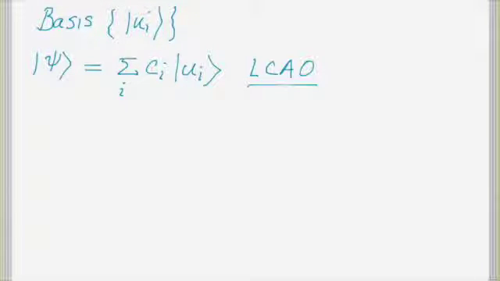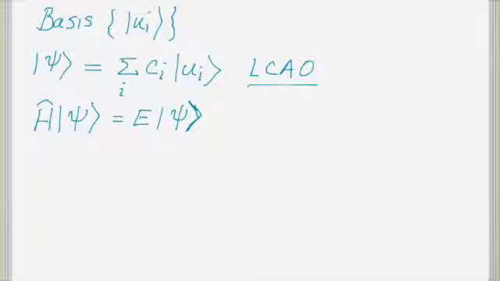And the C sub i can in general be a complex number. Now we go to our eigenvalue equation, where we have our Hamiltonian, which I'll just represent as an operator with a little hat on it, acting on my wave function psi, is equal to E times psi, where E is just a number. Wherever I see psi, I put in this sum over i.